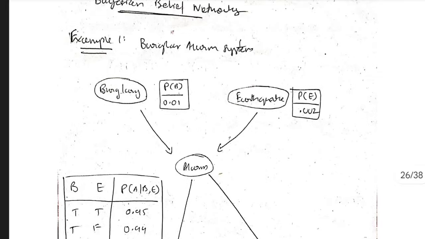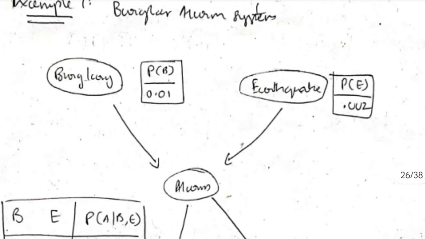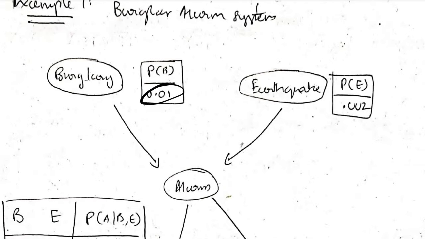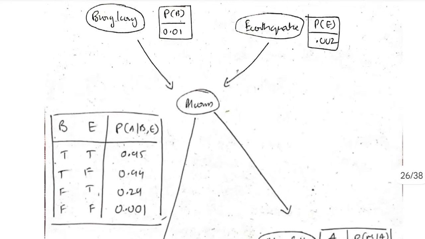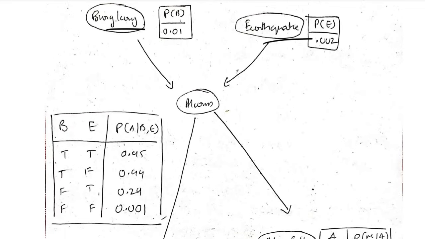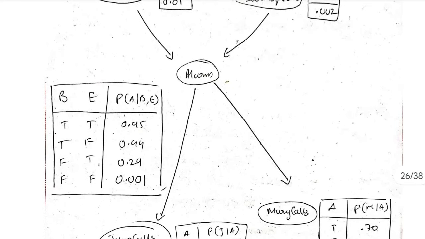Okay, and the probabilities are also given. Burglary's probability is 0.01, earthquake's probability is 0.002, and the alarm probability is dependent upon two things, earthquake and burglary. If burglary and earthquake both happen, the alarm will sound 95% of the time. If burglary happens but the earthquake does not, it will sound 99% of the time.